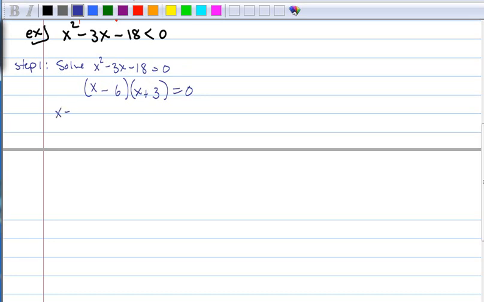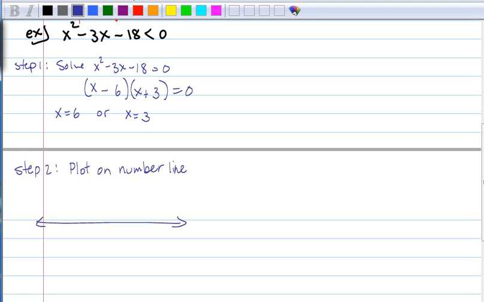So the 2 values of this are x equals 6 or x equals 3. Step 2, plot these on the number line. Oops, I made a mistake. That's negative 3, isn't it? x plus 3 equals 0, or x equals negative 3. So I'm going to go 0 here. Here's my negative 3.